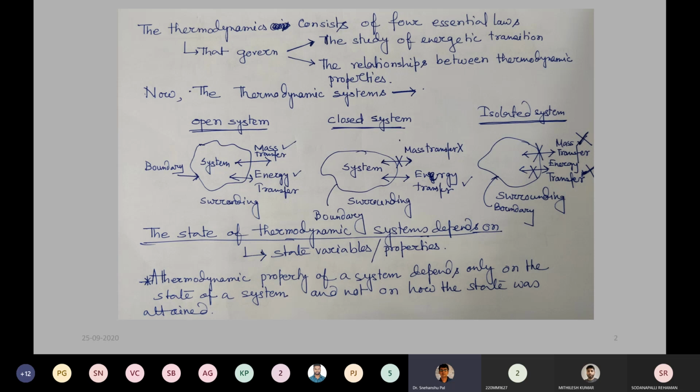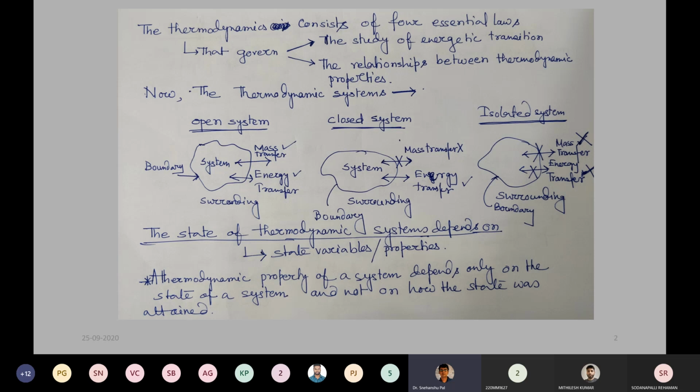And other than the system, the rest of the universe, you can say, is the environment with respect to that considered system, or the surroundings. So a useful classification of thermodynamic systems can be identified based on the nature of the boundary and the flow of matter, energy, entropy across the boundary.